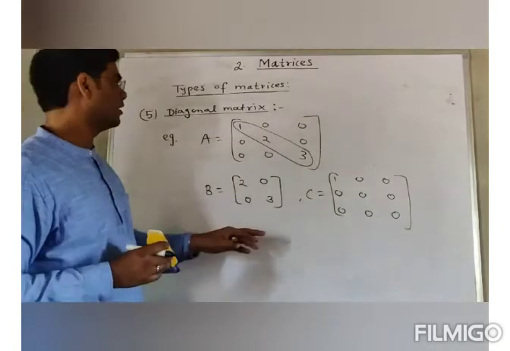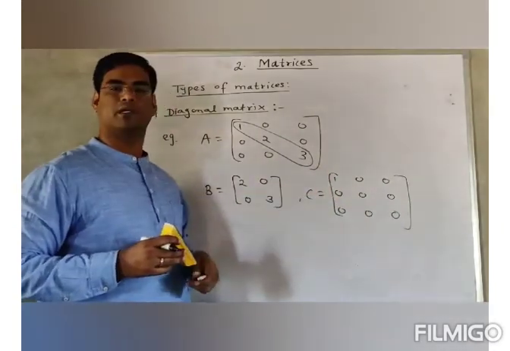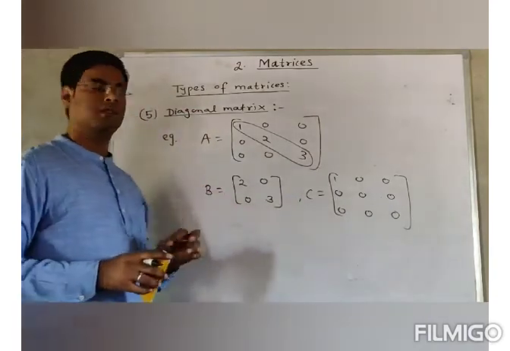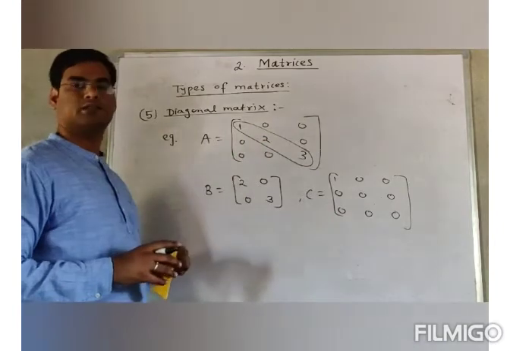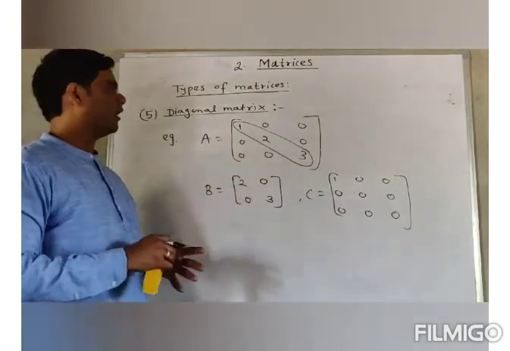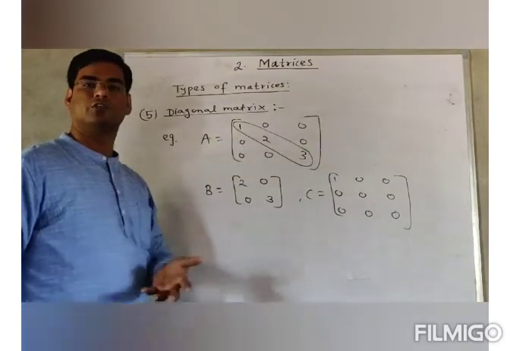This is also an example of a diagonal matrix because all 3 diagonal elements are not simultaneously 0. So what is a diagonal matrix? A diagonal matrix is a matrix in which all the non-diagonal elements are 0 and at least one diagonal element is non-zero.